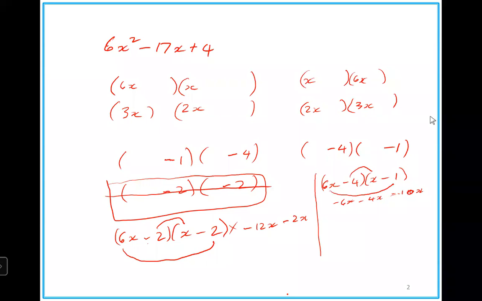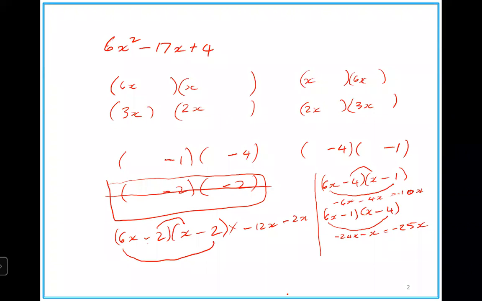So we could now switch it around. We have 6x and x, and then we could try now 6x minus 1 and x minus 4. So if we multiply this with that, 6x times that gives you minus 24x, and x times that gives you minus 1x, which gives you minus 25x.